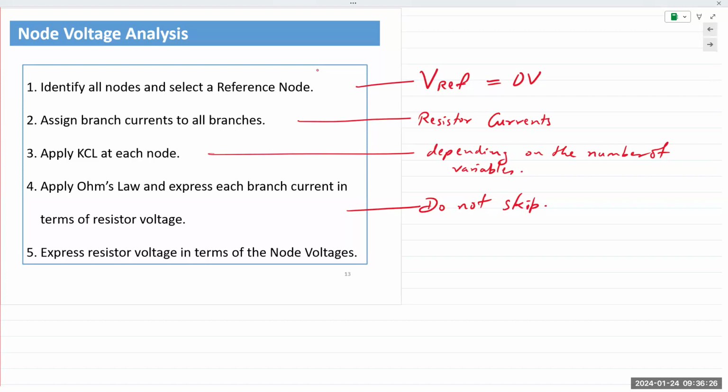So you should always write out that equation. And then as a final step, you express each resistor voltage in terms of the node voltages. And then you solve for the node voltages. Node voltages are the variables.